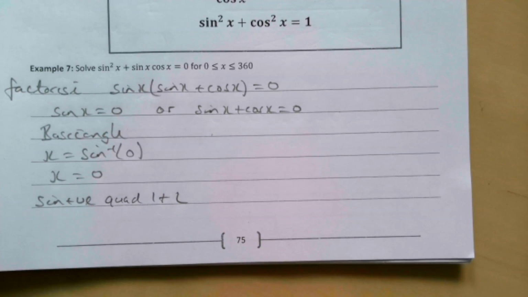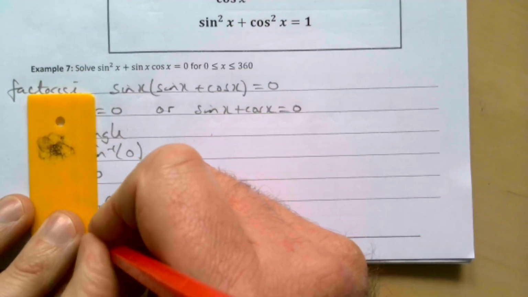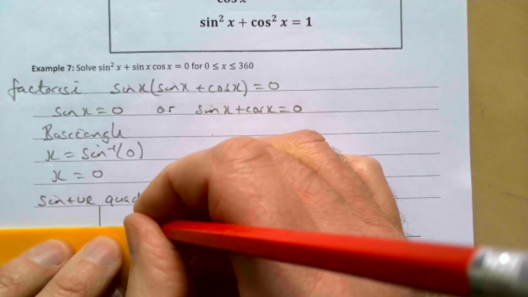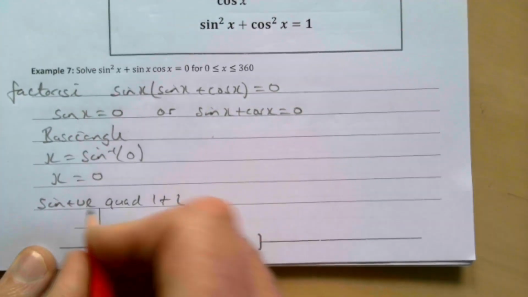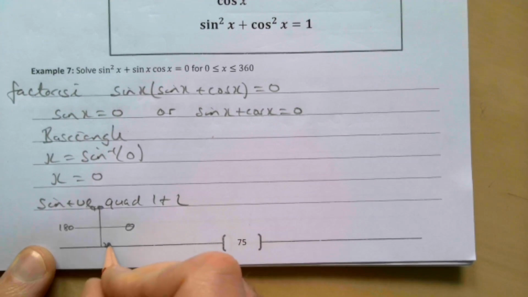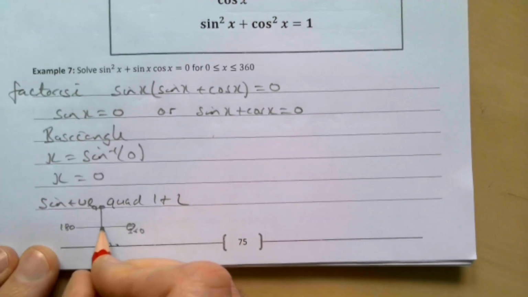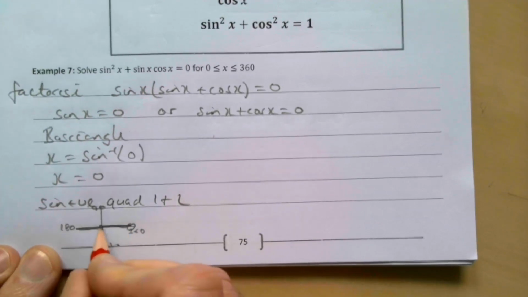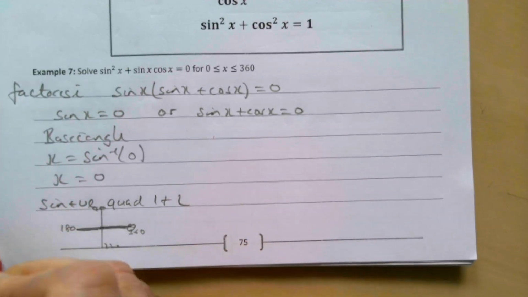If I draw my little CAST diagram here, I'm just going to go very, very small. So 0, 90, 180, 270 and 360. I'm really tempted to look at the graph.